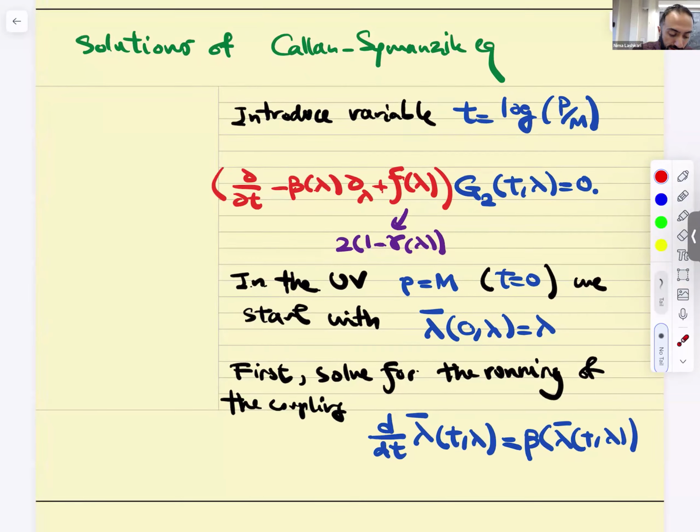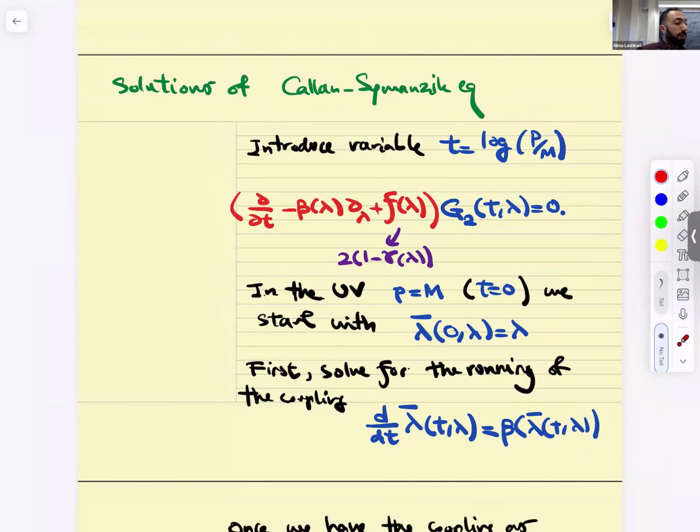Anyway, in the UV, which in this example would be p equal m, t equals 0, we start with some value of the coupling. I'm going to call that lambda bar of 0 and lambda. Lambda bar is the function that tells you what the coupling is as a function of scale, as a function of t.